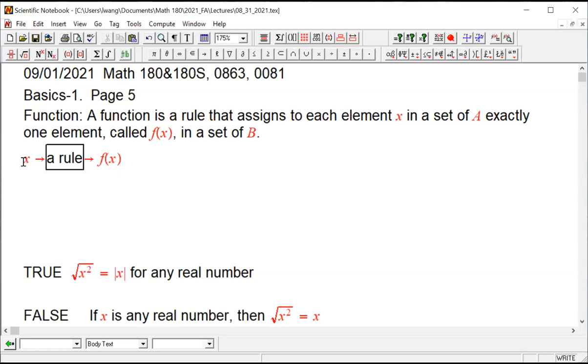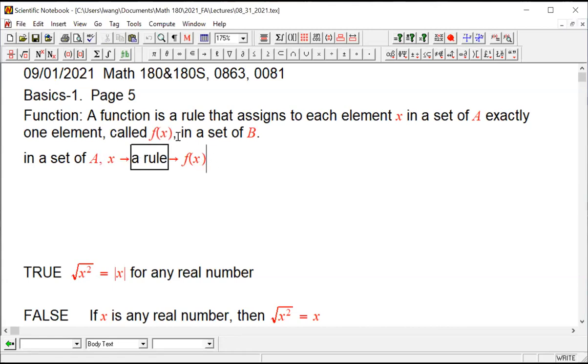And where is this x from? It tells us it's in a set A. And where would f of x be?